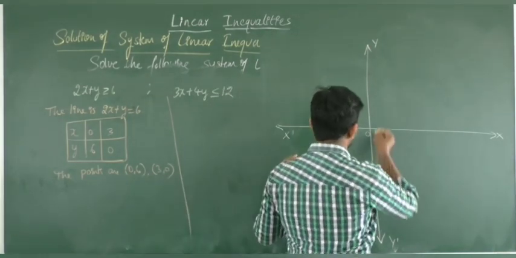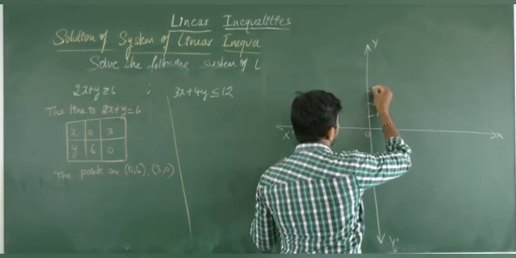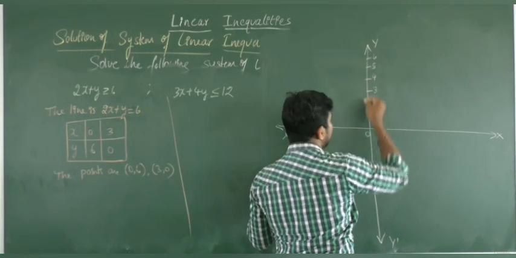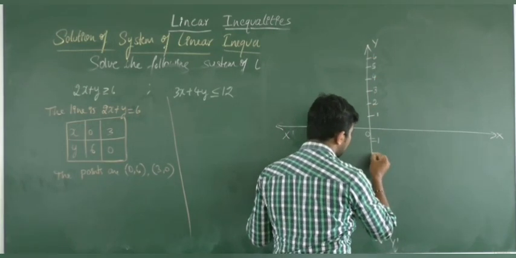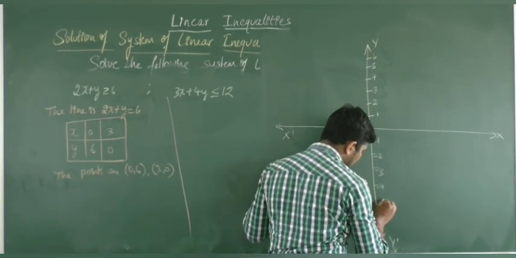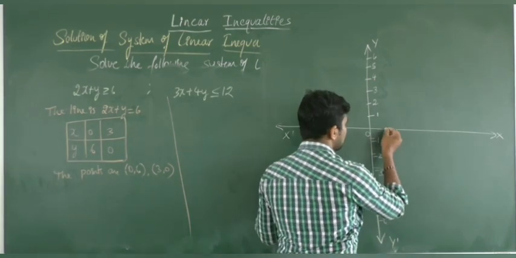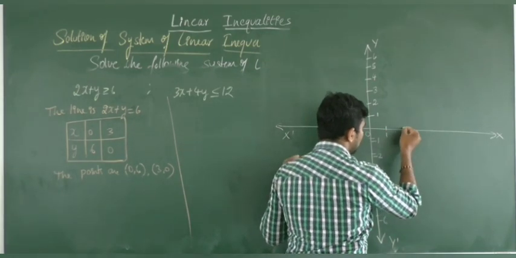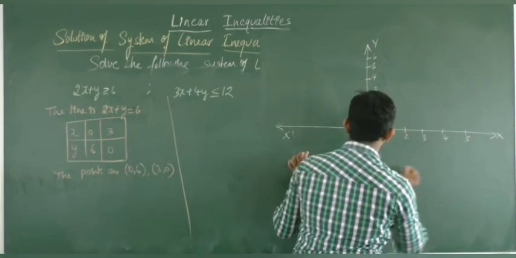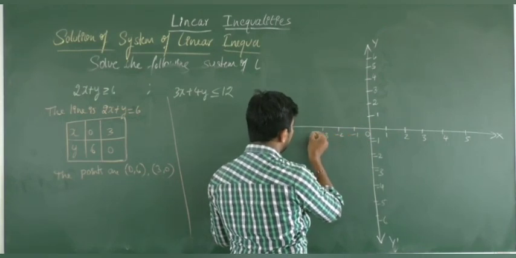Here in the positive direction I need at least 6 points. Take the scale properly with the same length here also: -1, -2, -3, -4, -5, -6. Here 3, 0 is needed, so let me consider this point: 1, 2, 3, 4, 5, and here -1, 3, 4.